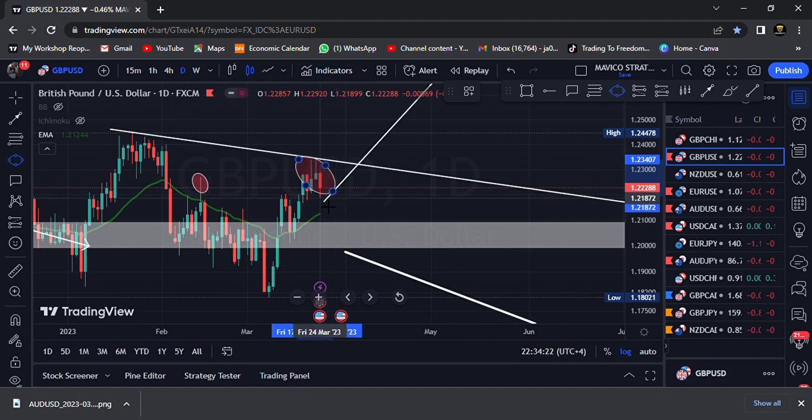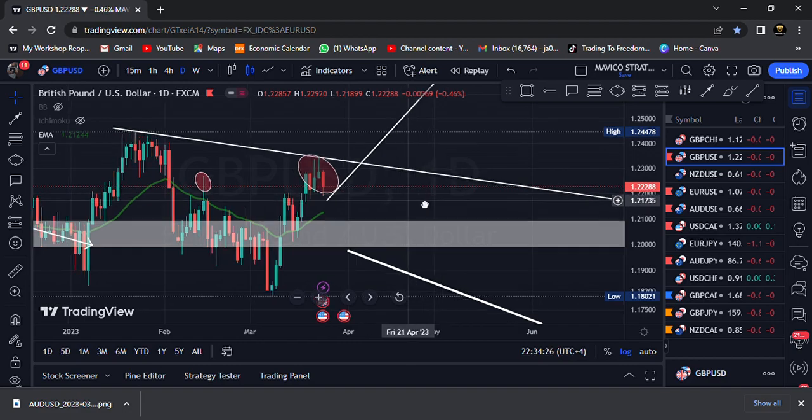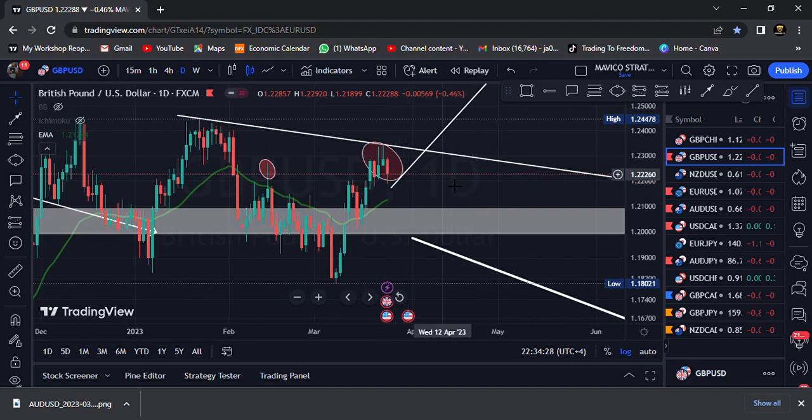So this is the daily. If we see something like this, we're still going to remain observant and see if it's going to break this trend line. If price breaks this trend line, then we can be talking of a continuous buy.